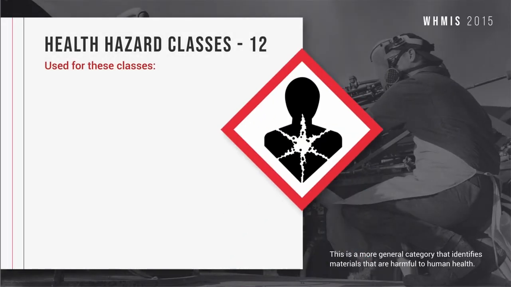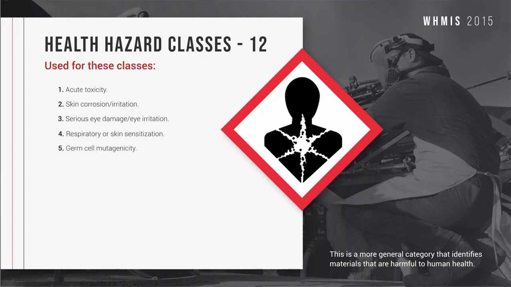The 12 health classes include the following. 1. Acute toxicity. 2. Skin corrosion or irritation. 3. Serious eye damage or eye irritation. 4. Respiratory or skin sensitization. 5. Germ cell mutagenicity. 6. Carcinogenicity. 7.